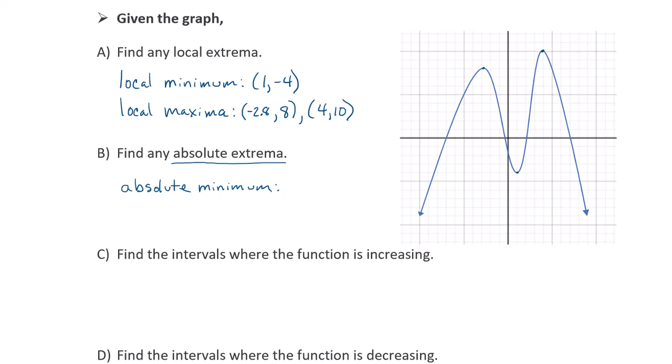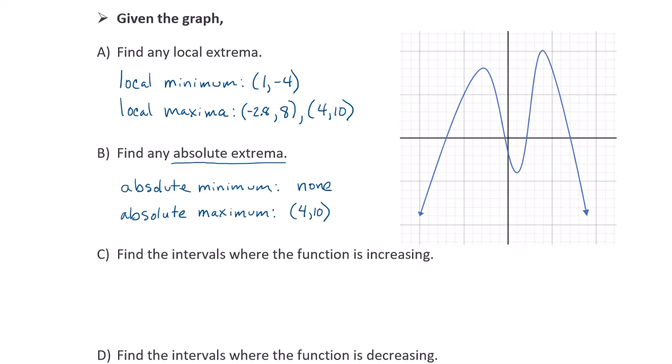There's always another lower point and another lower point and so on. So absolute minimum here is going to be none, and for the absolute maximum, we have just one. It's between these two here, and we can see this one is the higher, so it is the absolute maximum, and that was at point (4, 10).